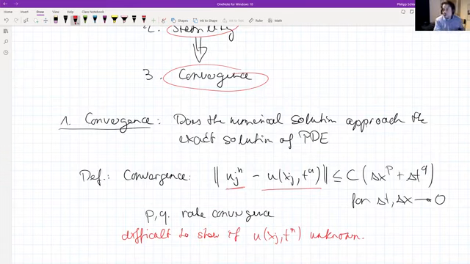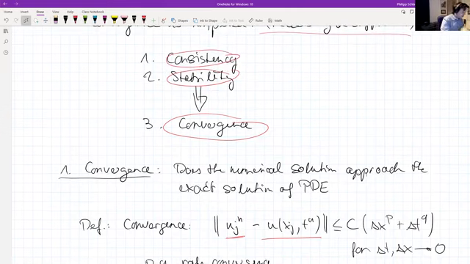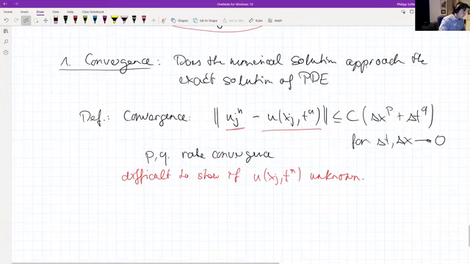And of course, that's the whole point of the numerical simulation. Okay, so this is convergence. As I said, we cannot do that. That's why we go the detour via consistency and stability.